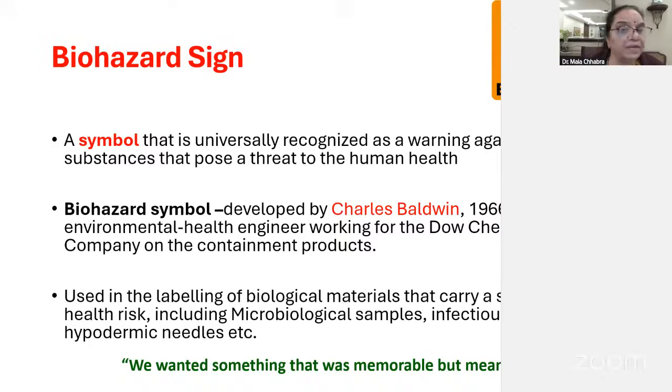He was a chemical engineer, and he had this idea that whenever we are transporting these samples, we should give the indication that these are hazardous. And so all the biohazard material has to be labeled with this symbol. This is bright orange in color so that it catches your attention. And he said we wanted something that is memorable but meaningless.